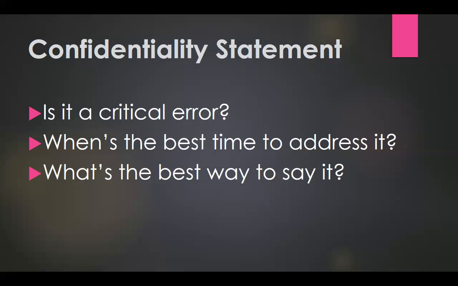Then we have to say, I'm not going to disclose this information unless there's harm to you or anyone else. And then the last part is to say, even if I have to disclose this information, it'll be only with another professional, and I will not disclose every detail of the information you share with me, only the necessary one.